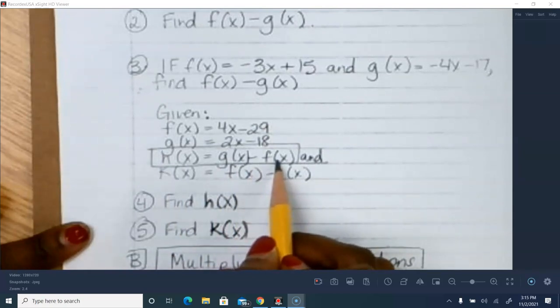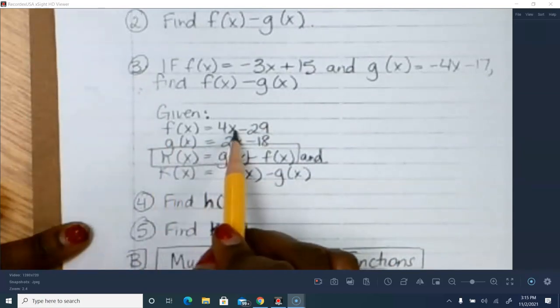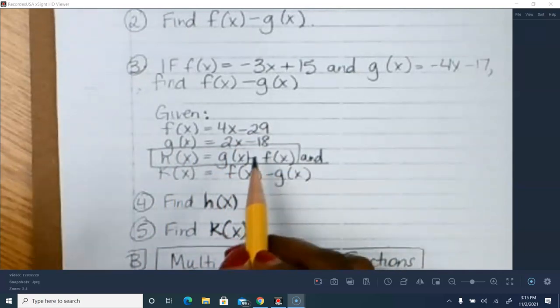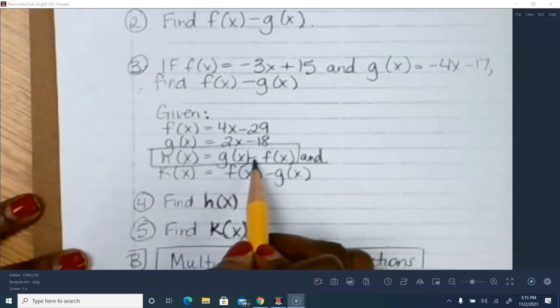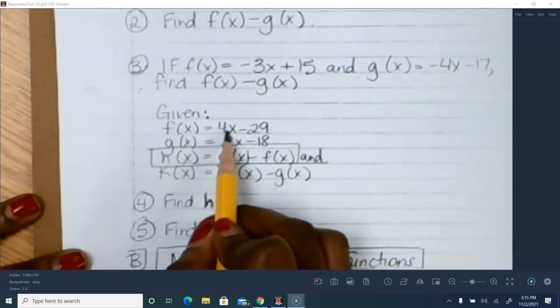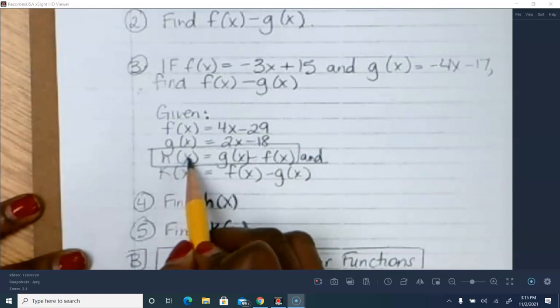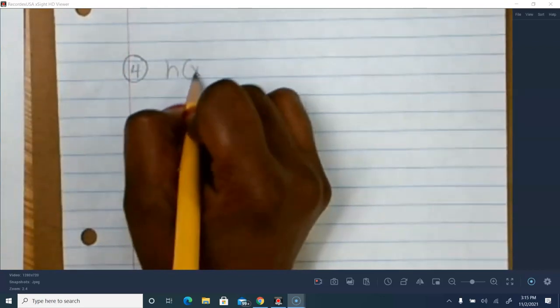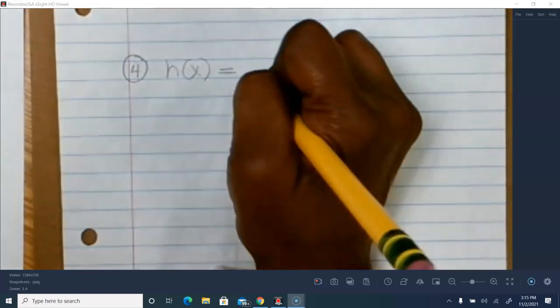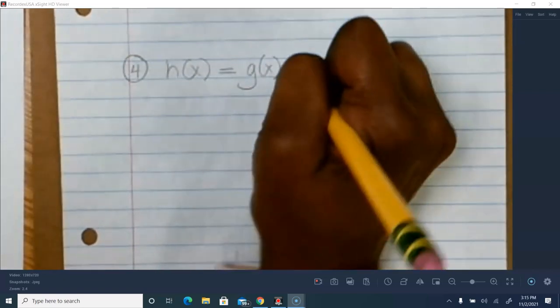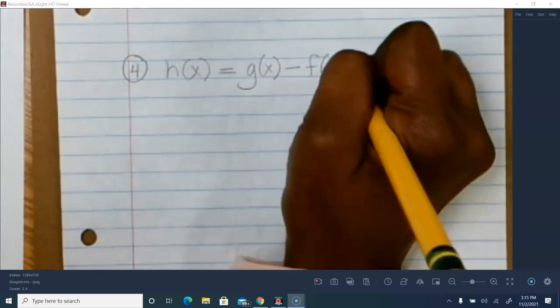If I take g of x, which is 2x minus 18, and I subtract f of x, which is 4x minus 29, then I will find h of x. So let's go ahead and substitute in. We want to find h of x, and we know that it is equal to g of x minus f of x.